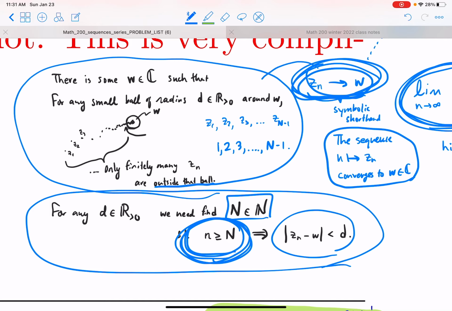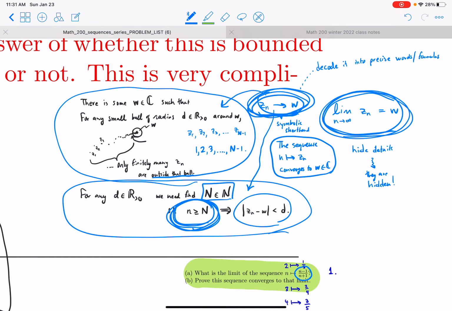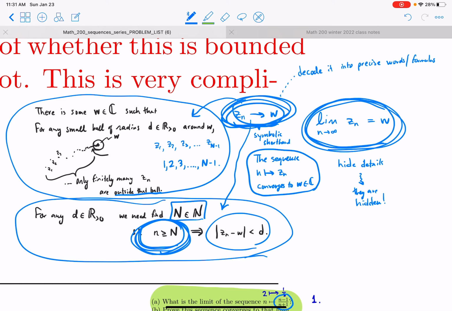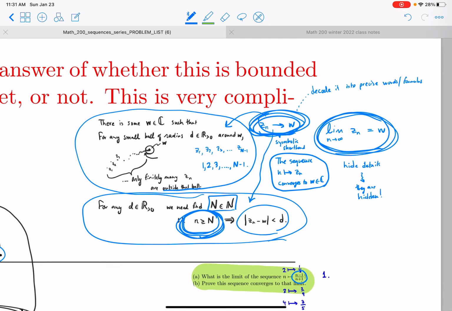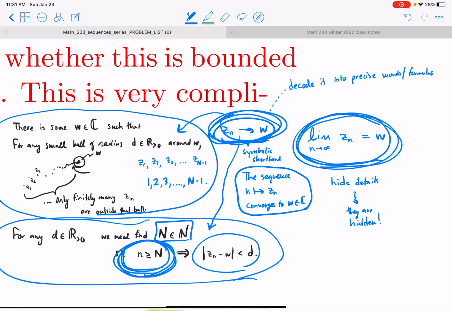And to go from there and unpack the details is crucial. You have to practice it so that it becomes more and more natural, and then you'll be able to do things with this, like prove things. But to make proofs easier, you first have to make the symbols more natural.